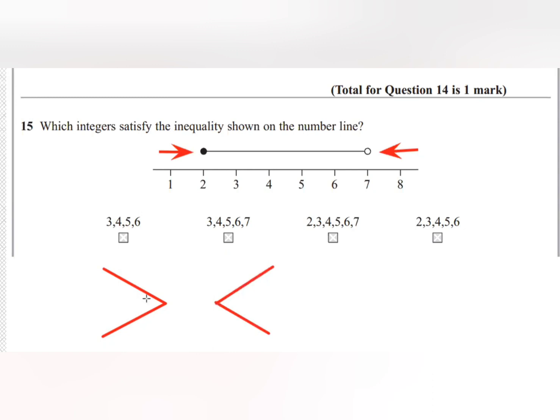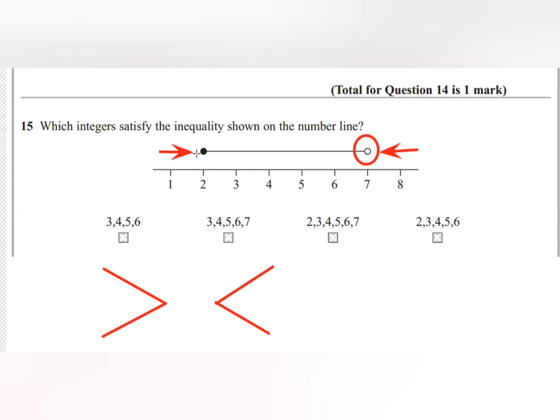Now, if we use these signs without the equal sign, which is underneath it, it means the inequality will be an open circle like this. So it means the number here is not included. So if the circle is open, it means it's like this, bigger than or smaller than.